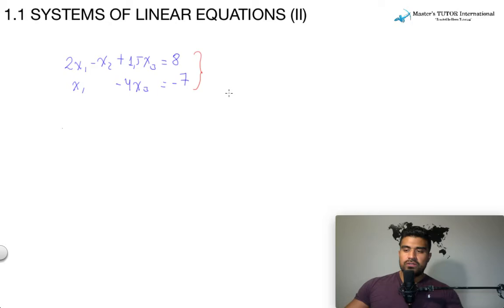The solution of this system is a list S1, S2, S3, and so on till Sn of numbers. These numbers can be real numbers or complex numbers, just numbers, that make each equation a true statement when these values are substituted in these two equations.